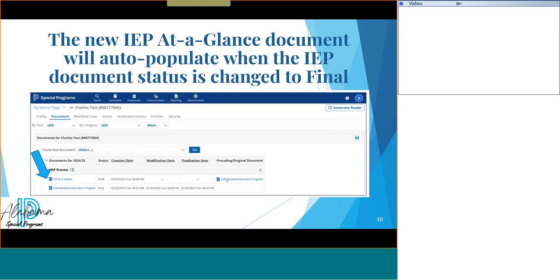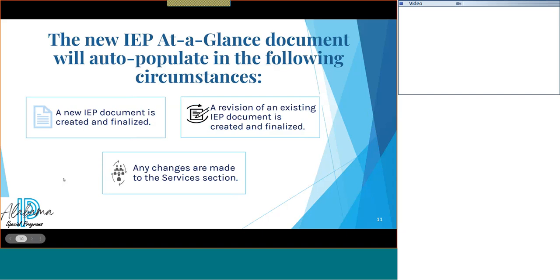And it was created from this IEP. When you look over here at the preceding/original document, that's going to tell you which document this version of the at a glance was populated from.